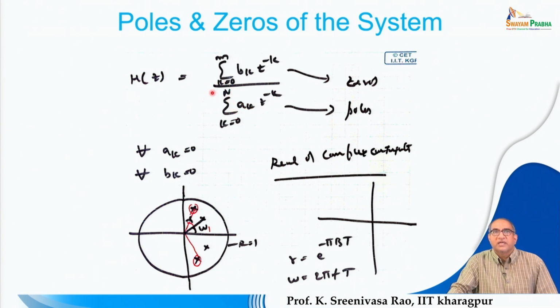Here n indicates that we considered the n previous outputs, whereas we consider the m previous inputs. So, y of z by x of z has corresponding polynomials in the numerator and denominator.